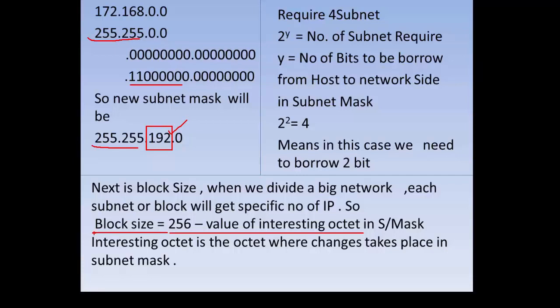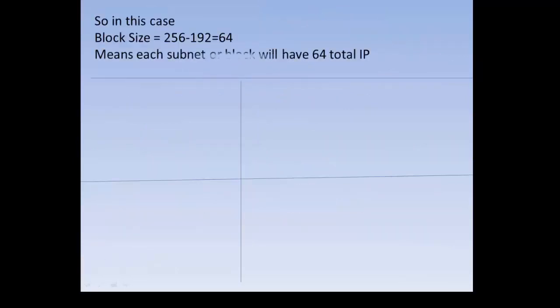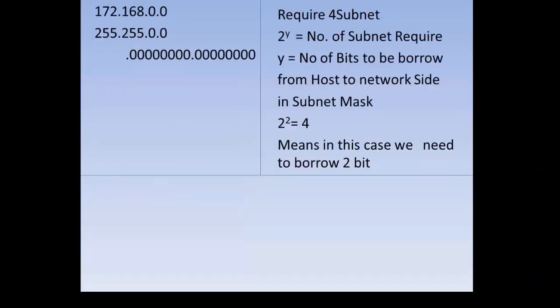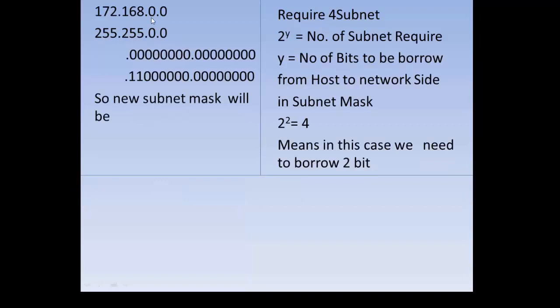What will be the block size? 256 minus 192, so it becomes 64. And the second method, if you remember, is the value of the last bit that I have borrowed, which is 64.